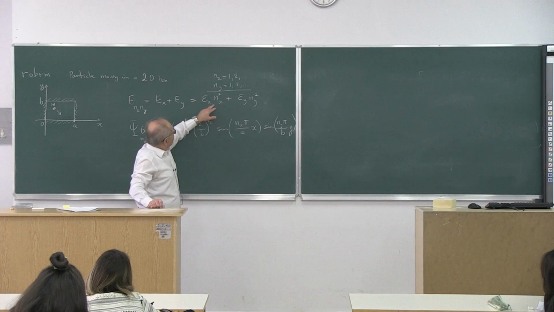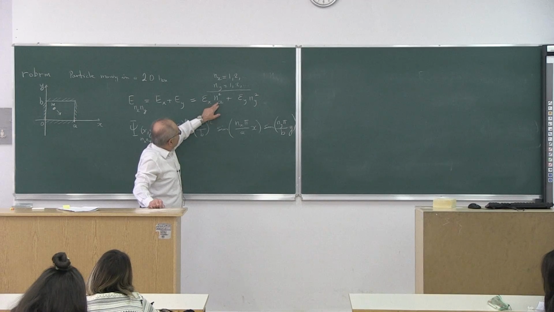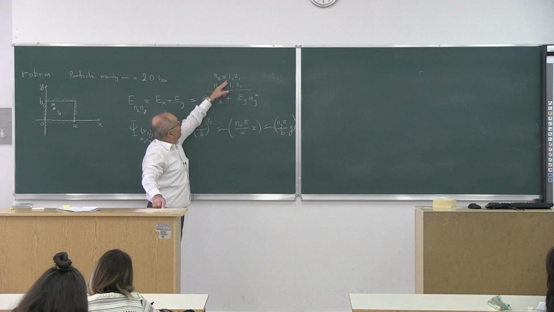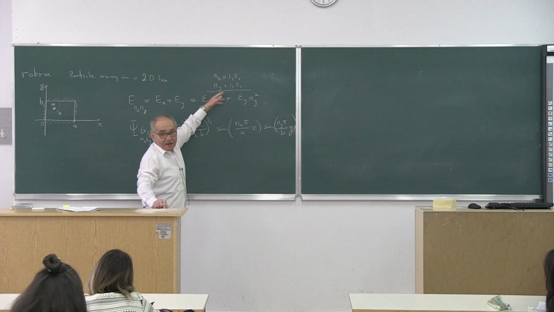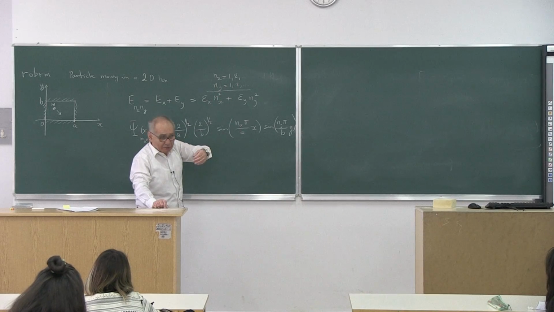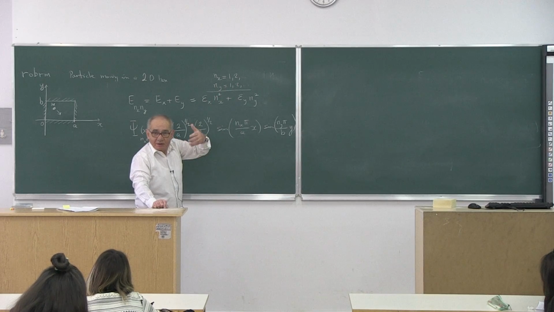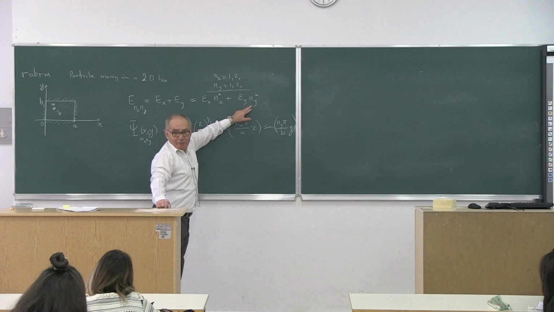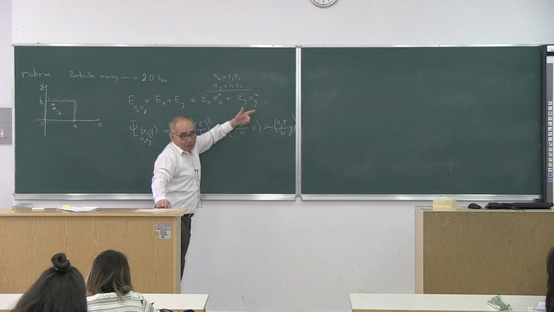Now, to get the lowest value for the X particle, what shall I select for the n sub x quantum number? 1. That's the lowest. These are positive numbers. Nx squared is also positive. Therefore, I have to select the lowest positive number. Similarly, for ny, what must I select? Also 1.